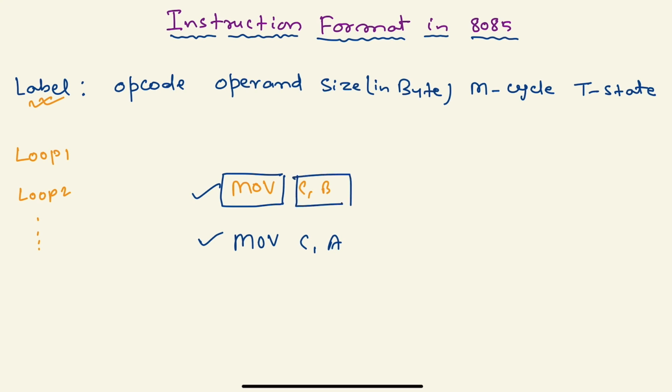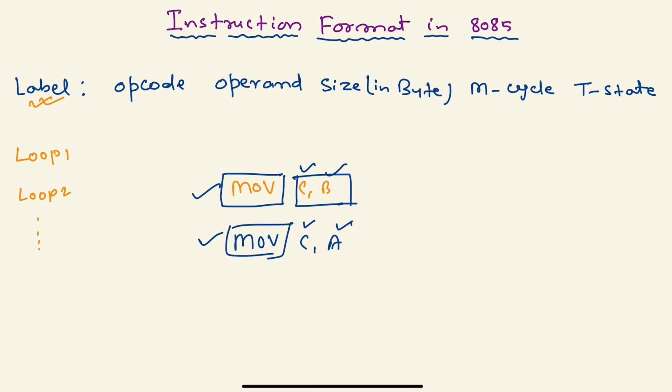In MOV C, B the source register is B and the destination register is C. In MOV C, A the source register is A and the destination register is C. So both come under the data copying instruction, but both are treated as different instructions under the opcode of MOV.